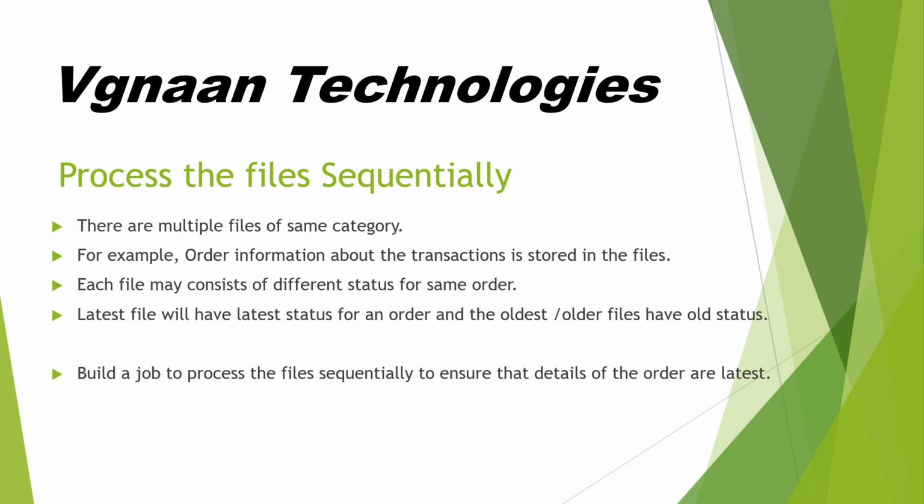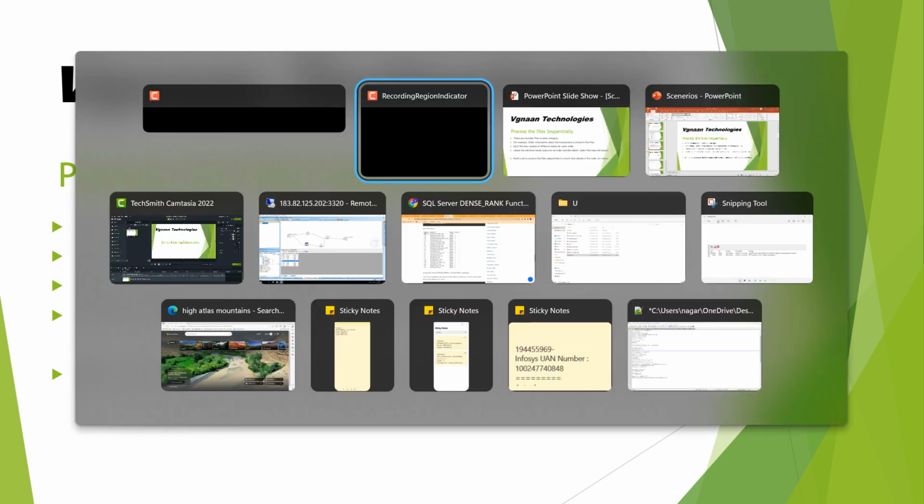Each file may consist of different statuses for the same order. The latest file will have the latest status of an order, and the older files will have the older status. So now we have to build a BODS job to process these files sequentially to ensure that the details of the order are the latest. What does it exactly mean?